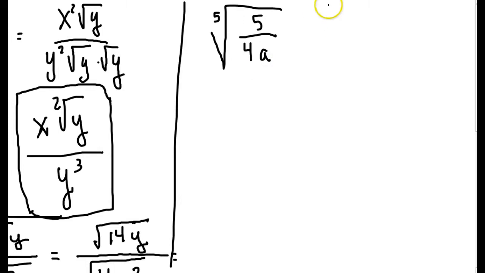All right, so I'm going to rewrite mine as the fifth root of 5 over the fifth root of 4a. Again, we don't care what's happening in the numerator.